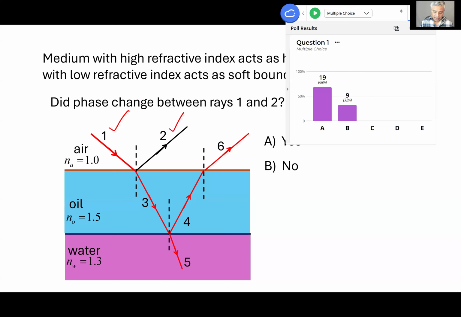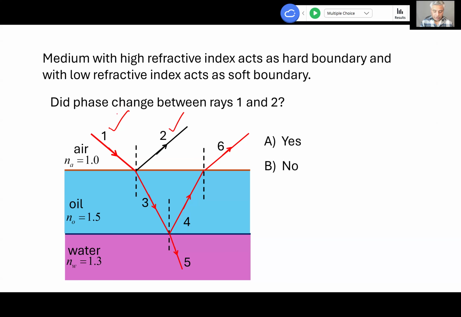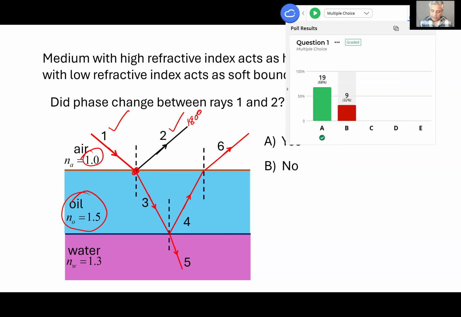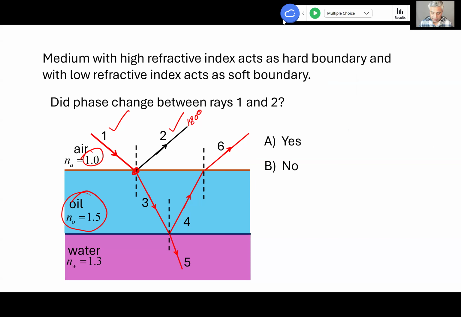So mostly A, and there is B as well. So did phase change between 1 and 2? This has a refractive index 1. This has a refractive index 1.5. So this is acting like a hard boundary. When a wave reflects from a hard boundary, it goes through 180-degree phase change. So it actually went through 180-degree phase change. So A is the correct answer in this case.